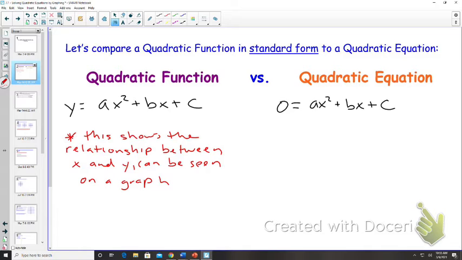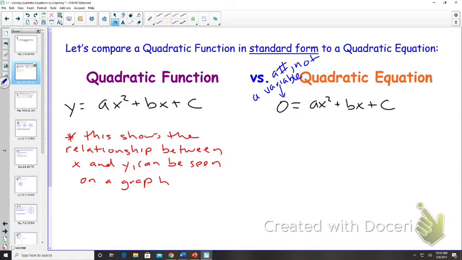Okay, for quadratic equations, note that this is a number, not a variable, right? That's a big one. It's going to equal a number and not a variable.